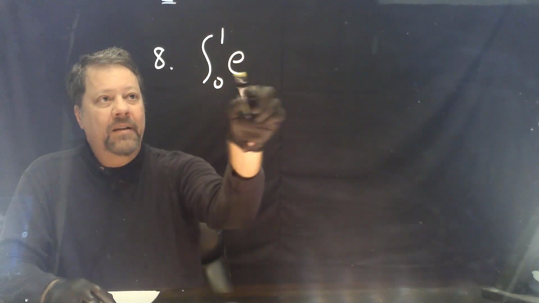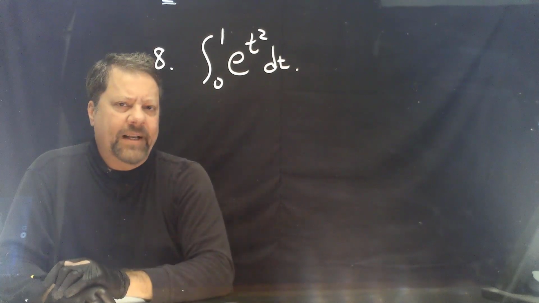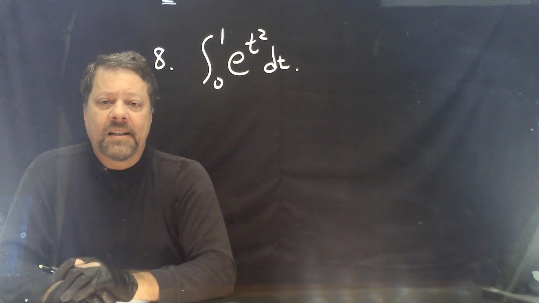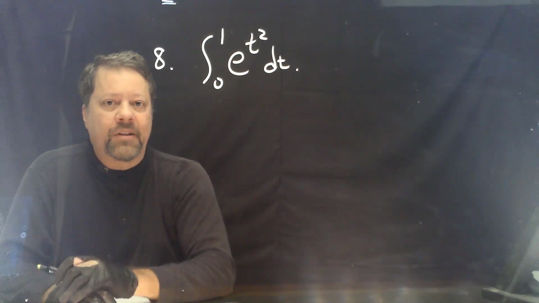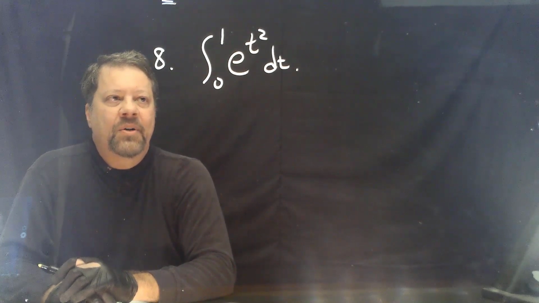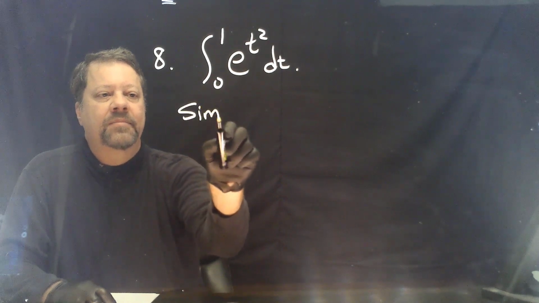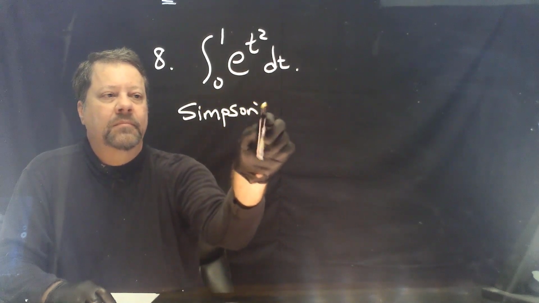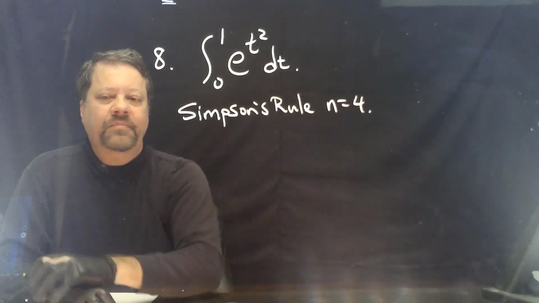On problem 8, we're looking at the integral from 0 to 1, e to the t squared dt, and we're not evaluating this because, after all, e to the t squared has no elementary antiderivative, making the fundamental theorem of calculus impossible to apply here. So what I'm asking you is to estimate using Simpson's method with n equals 4.